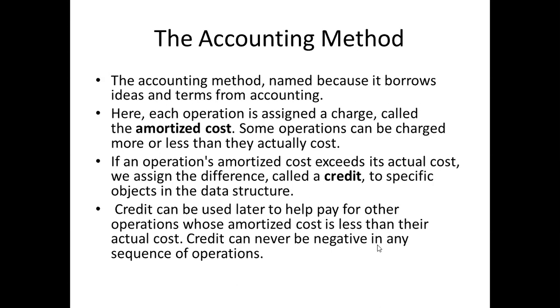So credit can never be negative in any sequence of operations. When you consider various operations, credit can never be negative. That is the difference. The difference is a credit.